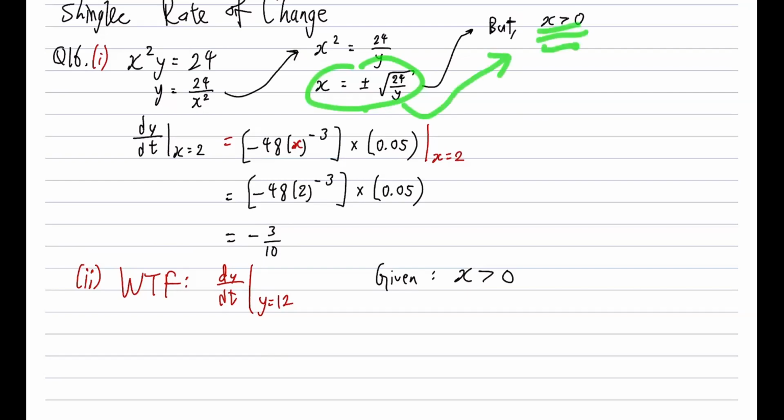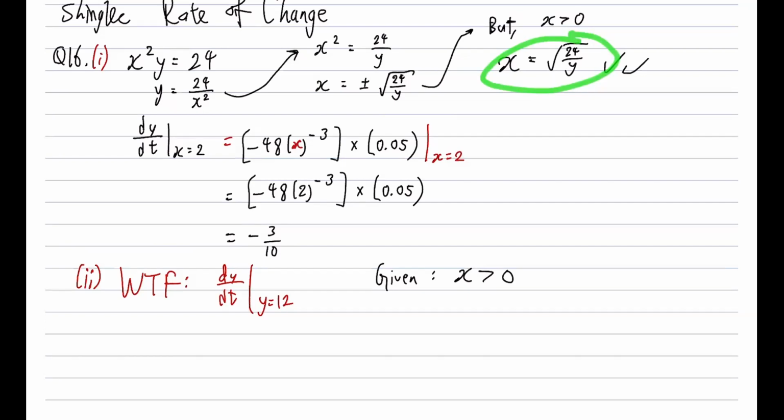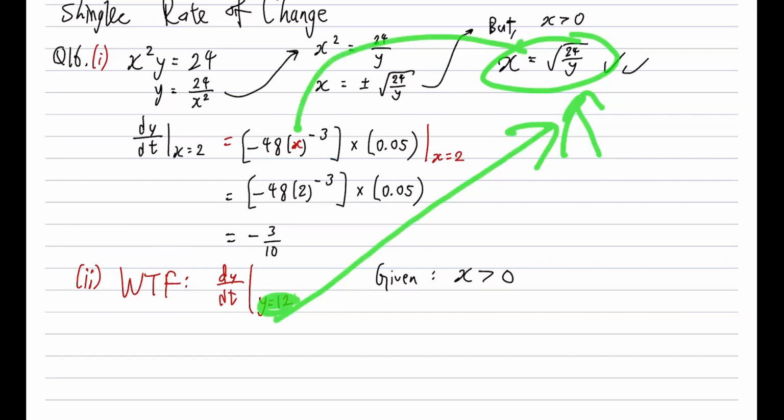Which one do you keep? You keep the positive one. Exactly. The other one you reject. So this is the only answer. That means if you got a formula for x, you can just sub in y equal to 12, and you get x. Once you get the x, you sub in. Don't need to redo the entire chain rule again.